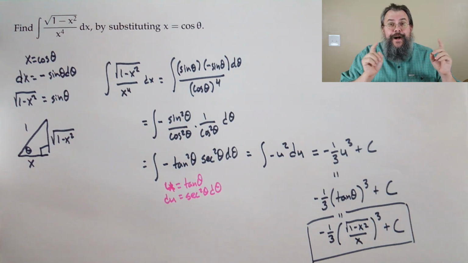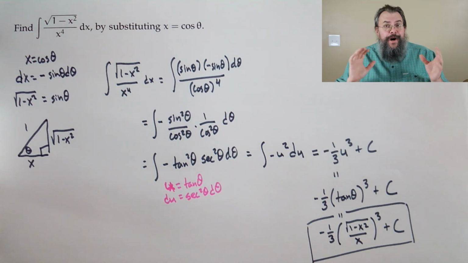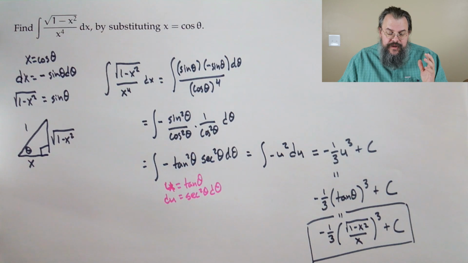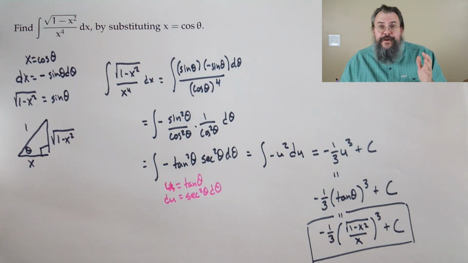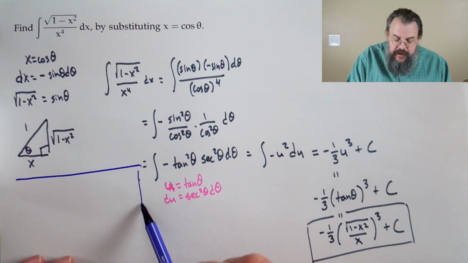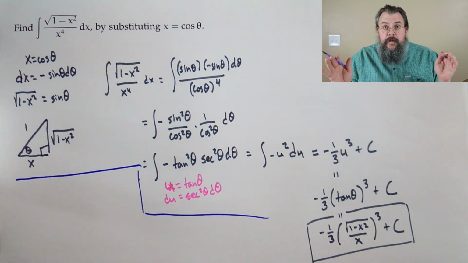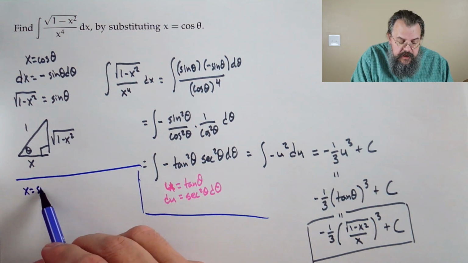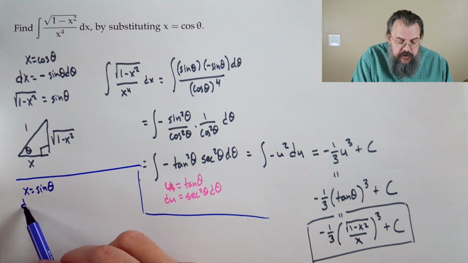Now, I said we would talk about why we picked cosine and why we didn't pick sine, because I think there's a nice lesson to be learned here. Let's suppose we had picked sine, x equals sine theta. Then it'll feel really similar.